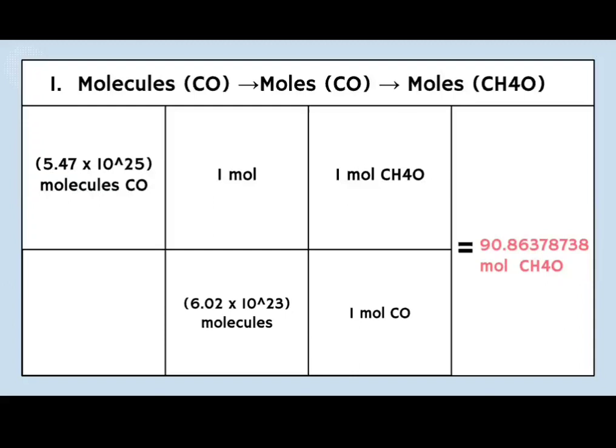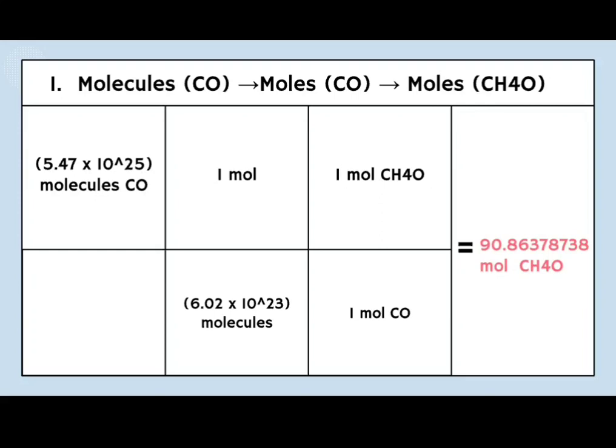We'll put 5.47 times 10 to the 25th power molecules of carbon monoxide in parentheses, and then parentheses around 6.02 times 10 to the 23rd power molecules of carbon monoxide, so the exponents can cancel out and we get a number, which is moles, and we don't have exponents in that answer.